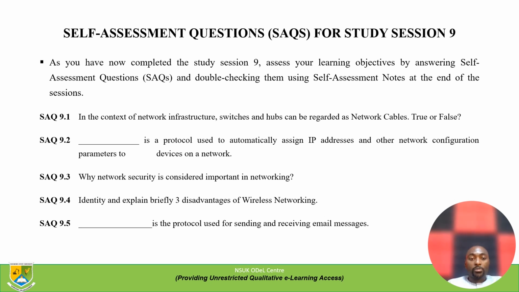SAQ 9.3. Why is network security considered important in networking? SAQ 9.4. Identify and explain briefly 3 disadvantages of wireless networking. SAQ 9.5. Dash is the protocol used for sending and receiving email messages.